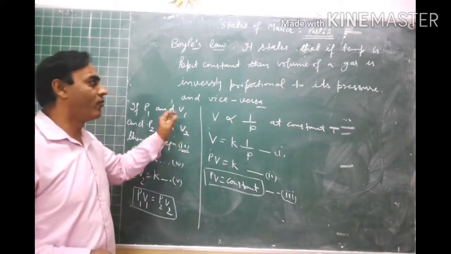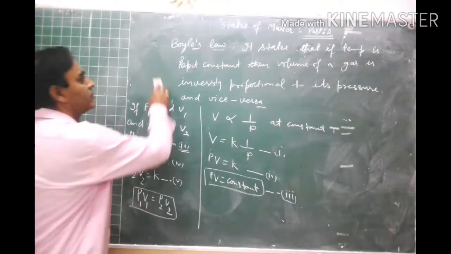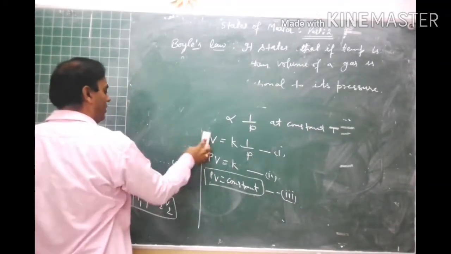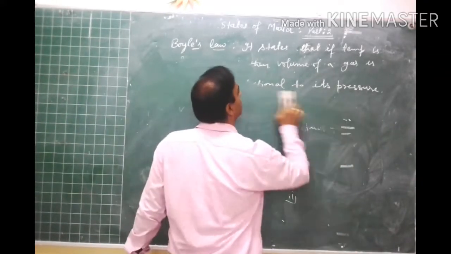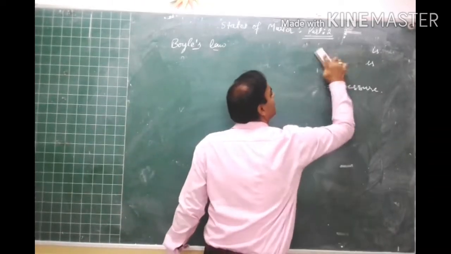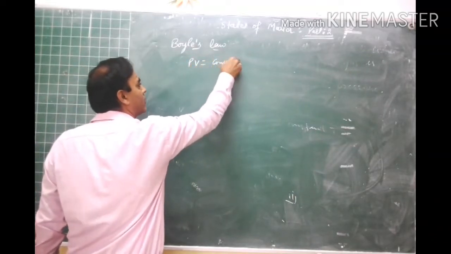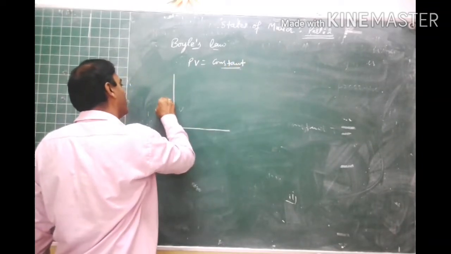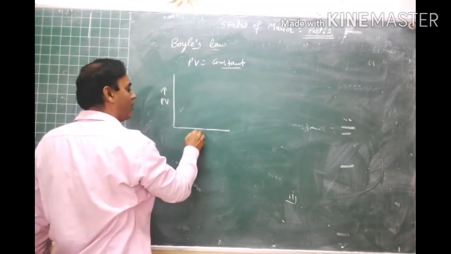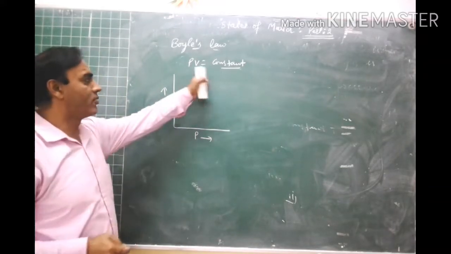Right? So now we will draw some graphs on the basis of Boyle's law. According to Boyle's law, PV is equal to constant, right? So if I take PV on the y-axis and pressure on the x-axis, then what type of graph will you get? PV is constant.